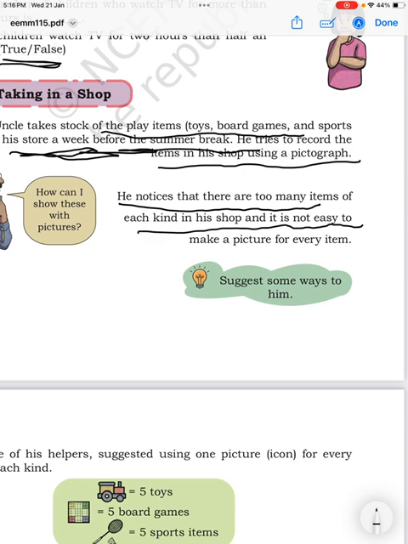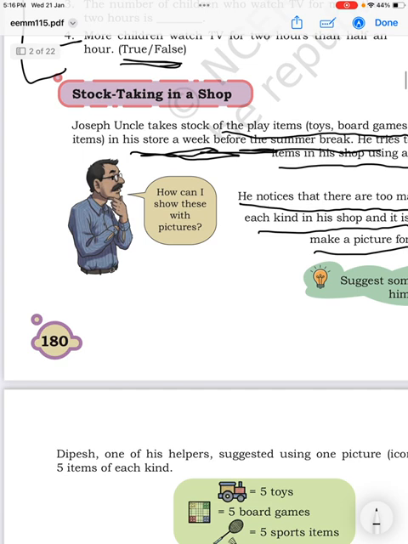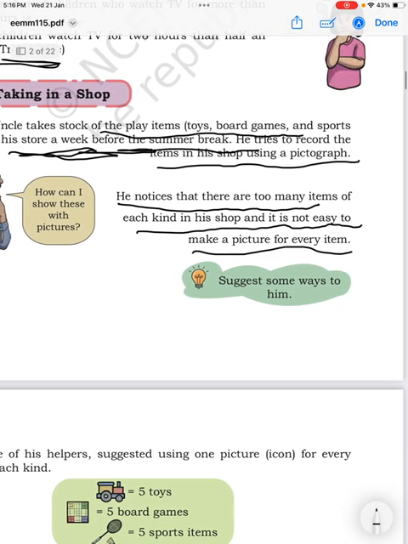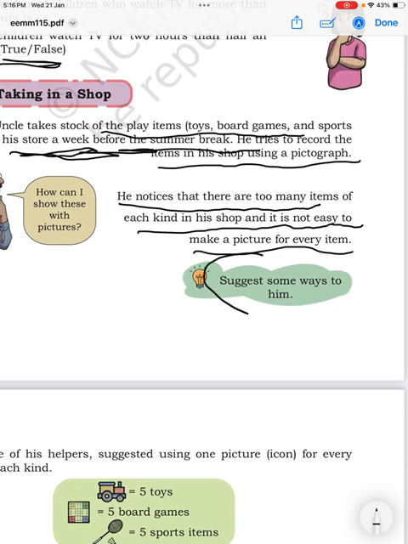It is not easy to make a picture of every item. He wants to make a chart of the items in his shop by making their pictures, but as there are lots of items, it will not be easy to make a picture of each item. So suggest some way how he can do that.